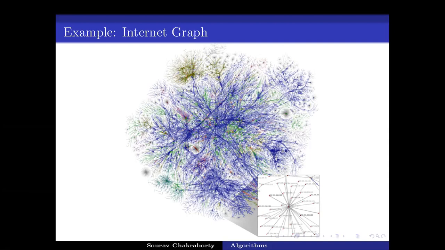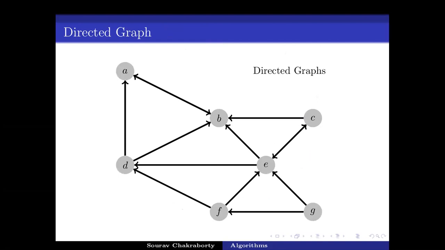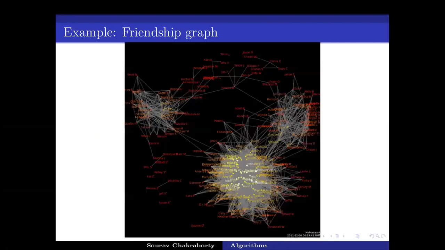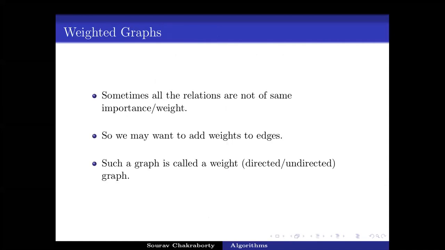So let's move on. Till now we have seen directed graphs and undirected graphs: undirected graphs for this Facebook graph, and directed graphs for this web crawler or Twitter. But note that all relations are not always of the same importance, right? Some relations may be more important than others. So there is a natural associated weight to it.